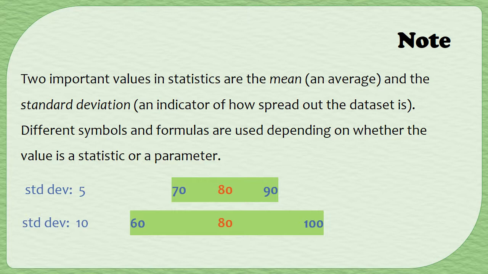So there are different formulas for a sample standard deviation than there is for a population standard deviation. Because they're different formulas, different symbols are also used. So let's take a look at what symbols we're going to use for sample mean and sample standard deviation versus population mean and population standard deviation.